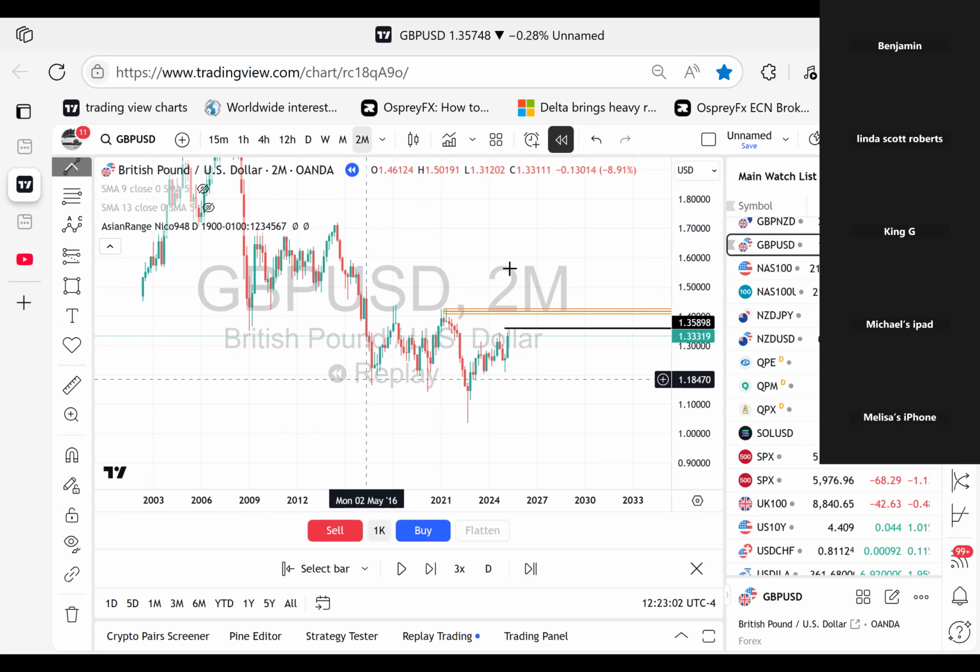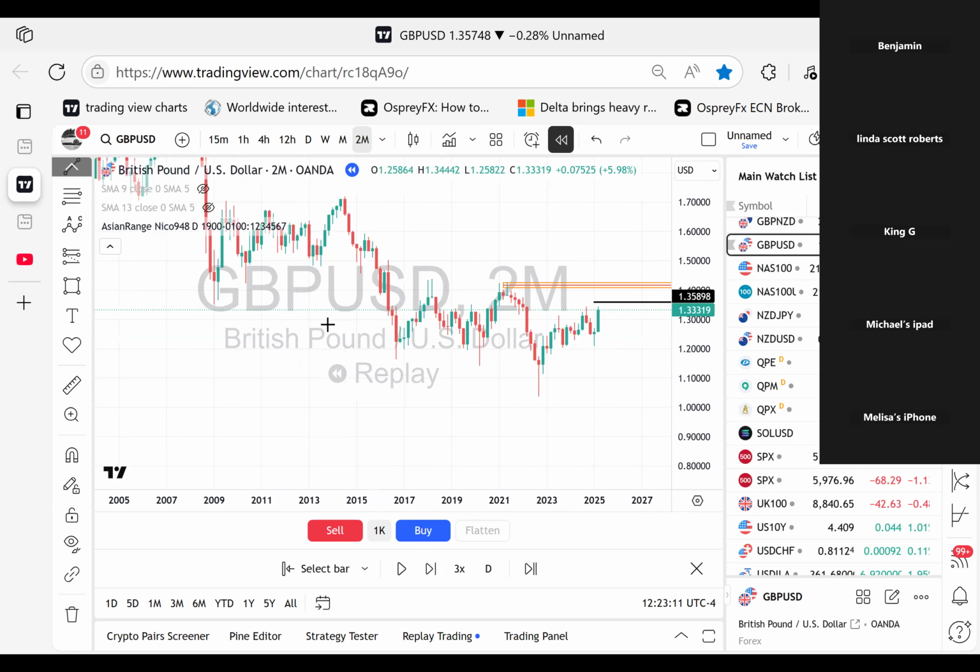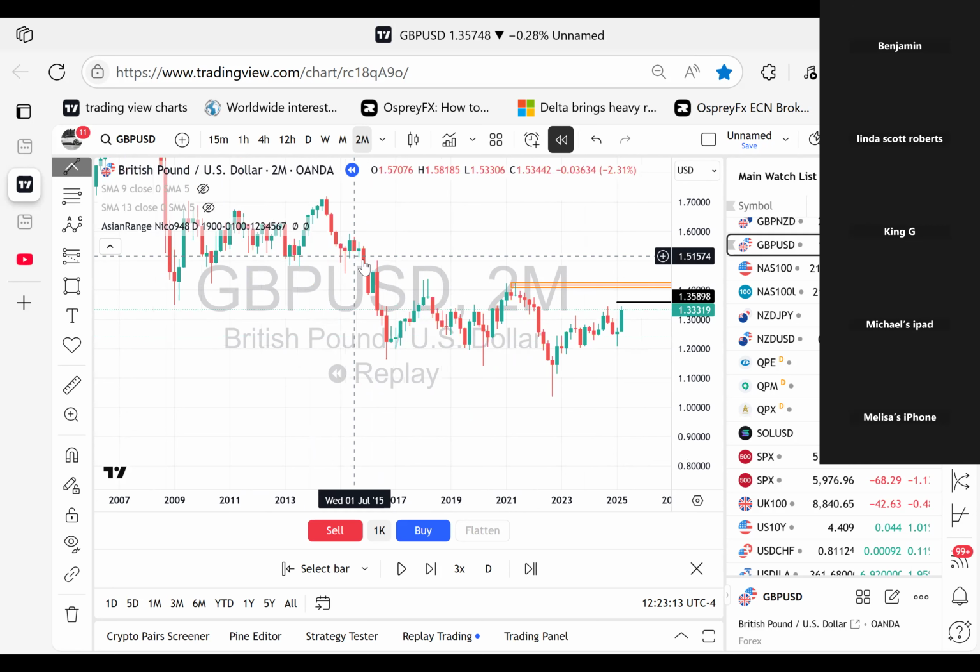Never mind the fact that these are 2-month candles, the science behind what's going on in the market is the same. You got the order block, you have an imbalance, you have a break of structure. The market trades back into that imbalance, and then it drops.